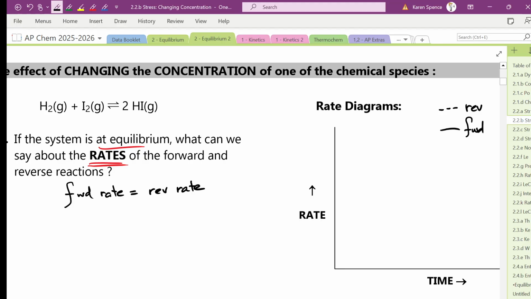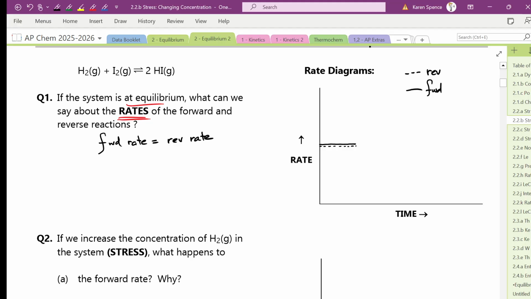That also works very well. So we're going to start at an initial equilibrium where the two rates are the same. This is our initial equilibrium.